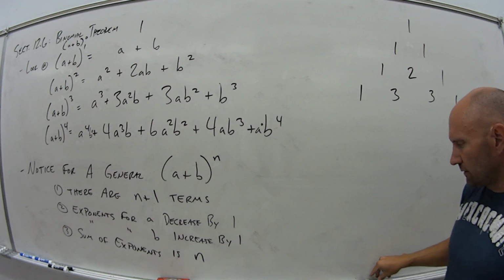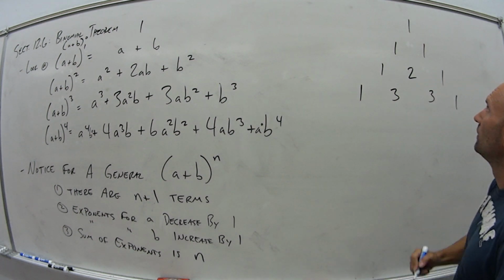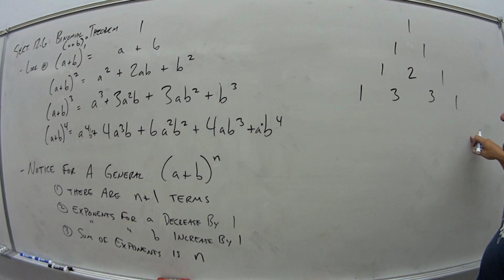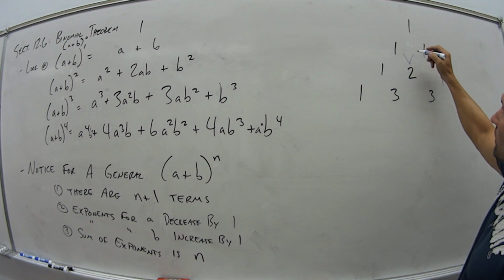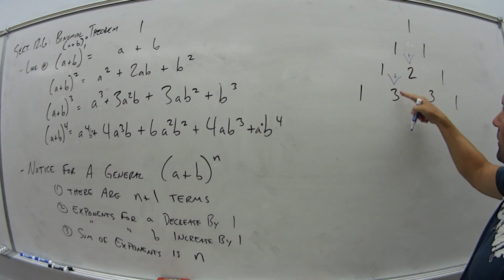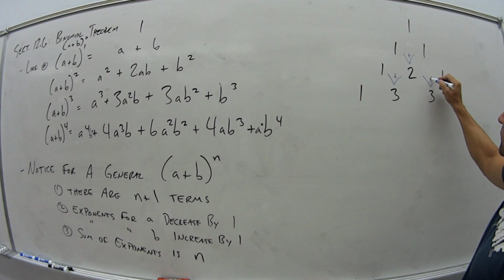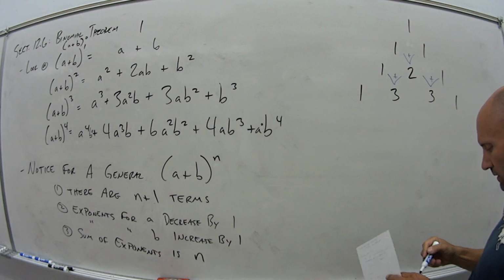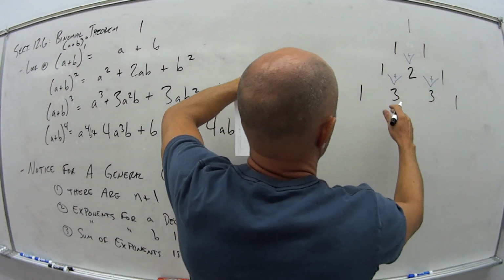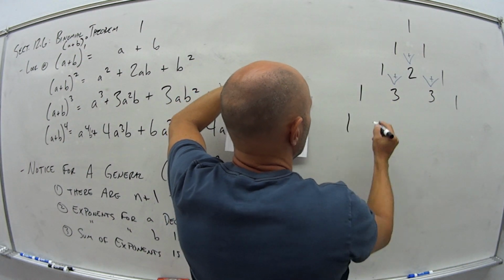So let's take a look at this. What are we noticing here? First off, I have 1s all down the outside. How about the middle numbers? 1 plus 1 is 2. 1 plus 2 is 3. 2 plus 1 is 3. So if I don't even look at the fourth row, if I just use this logic, I should have a 1 here.